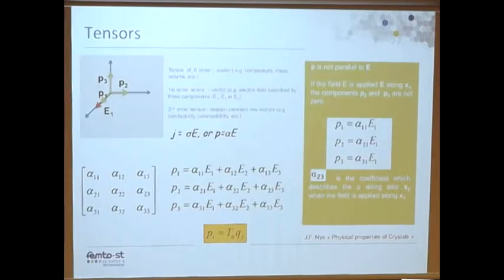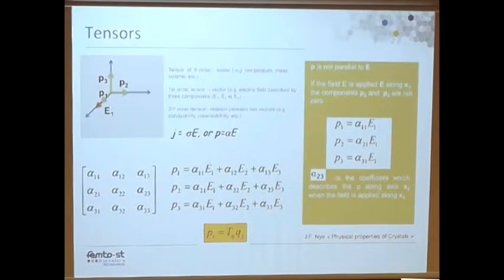We have different rank tensors. We have a zero order, or zero rank, tensor. It is a scalar, and everyone knows what a scalar is. Then we have first order, first rank tensors. It's a vector. How many components describe a vector? It's 3: x, y, and z.